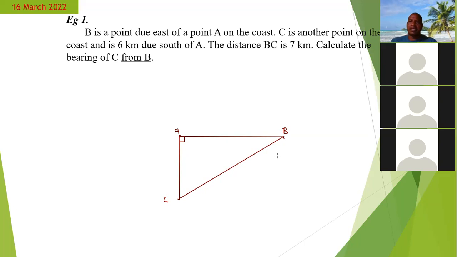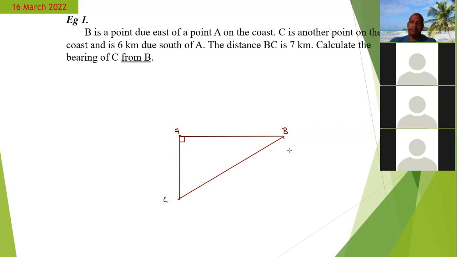So it said calculate the bearings of C from B. Now, remember what I was saying earlier on, that the letter that comes after the word from would be the point B. And that is the point that we must draw our north line to.